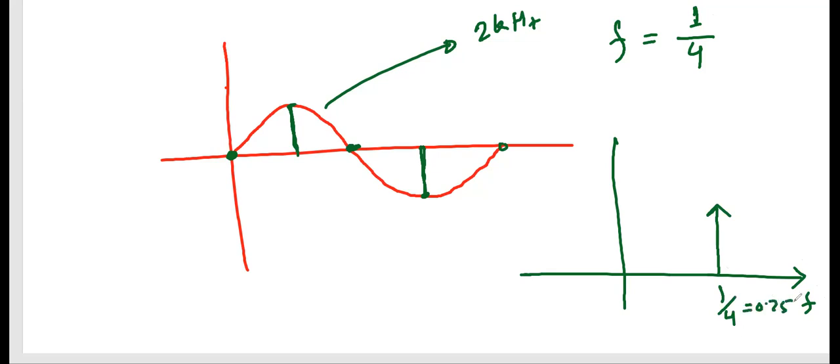Now what we are doing, we are increasing the analog frequency with the same situation. Increasing means now 4 kilohertz. So how can I plot it?